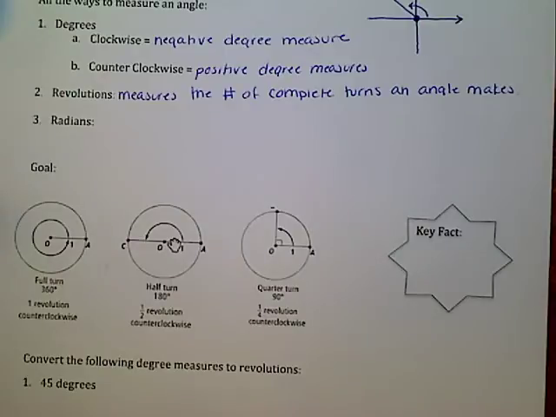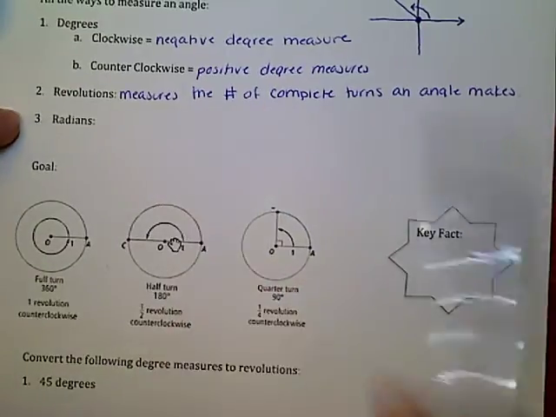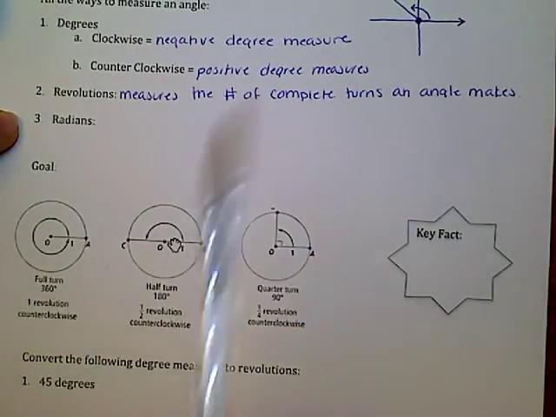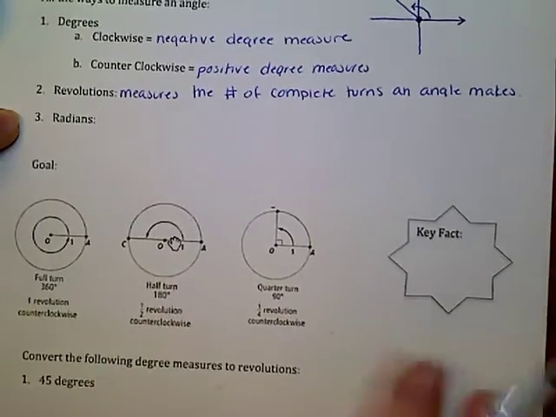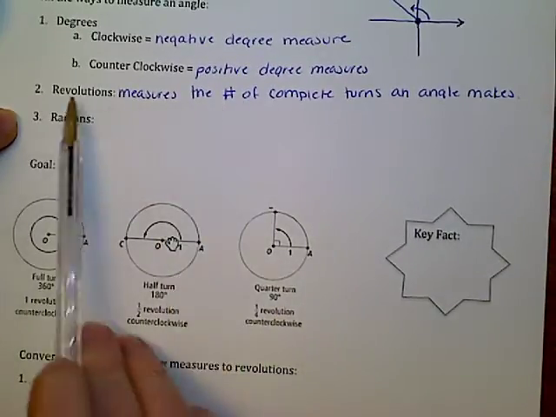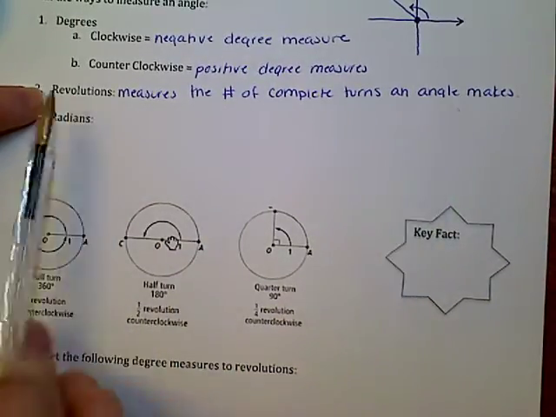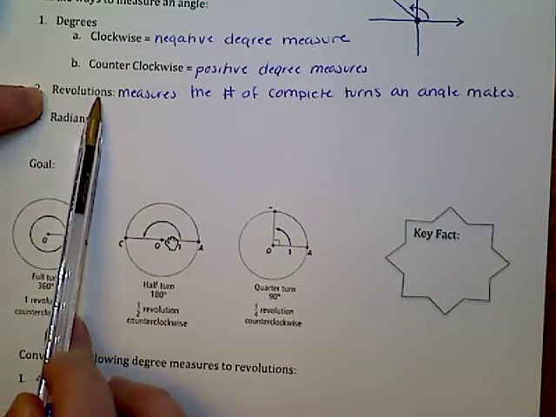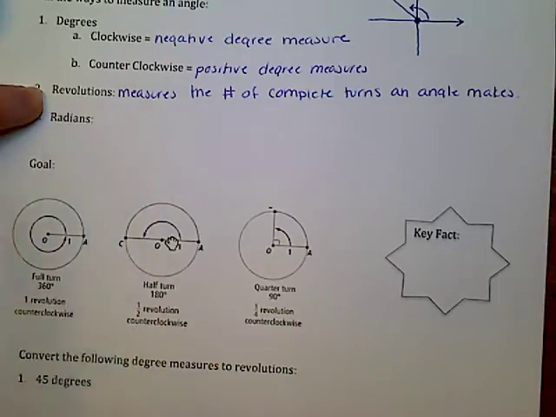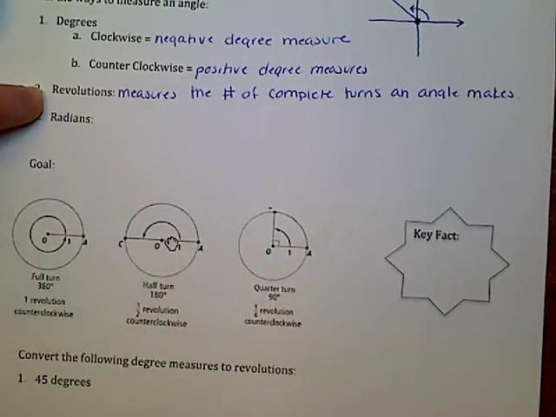Now, we can measure these in fractions, so it doesn't have to make a complete turn around the coordinate plane to be measured in a revolution, but that's what a revolution is measuring. I think that name revolution makes sense. When you think about a revolution, you think about going around in a circle.